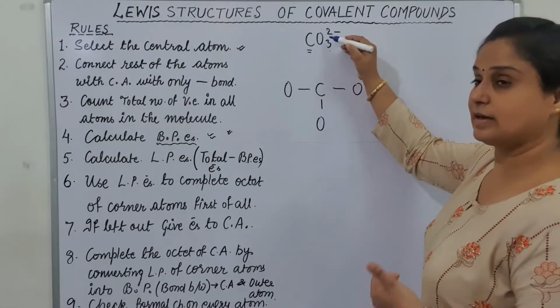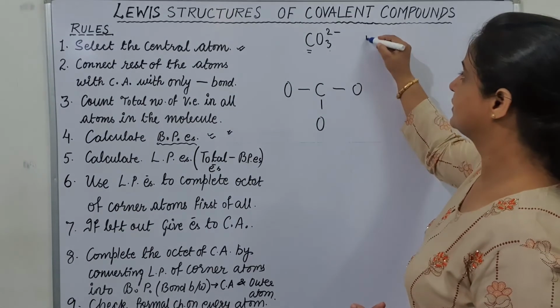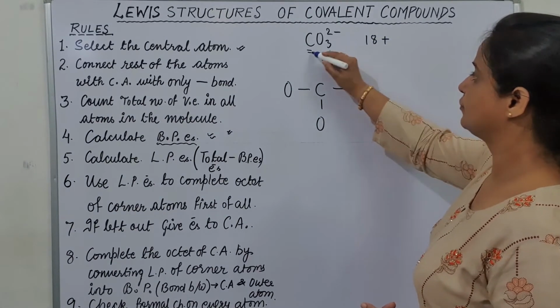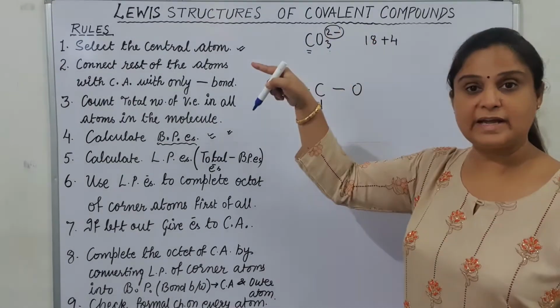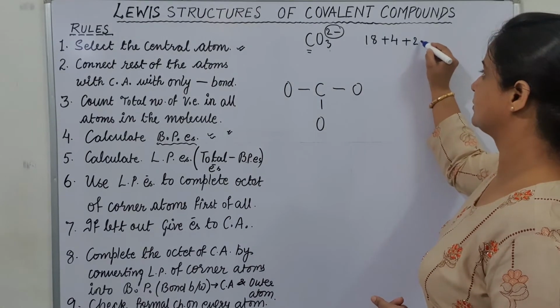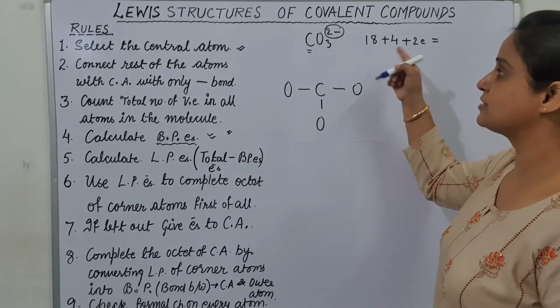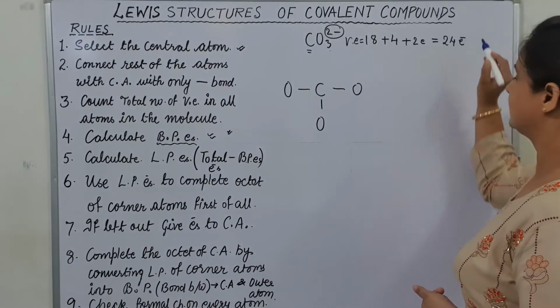Total number of valence shell electrons, I can count 6 3s are 18 plus 4 electrons from the carbon and 2 electrons I will add because this is negative ion. So I am adding 2 electrons. So the total number of valence shell electrons are 24 electrons.